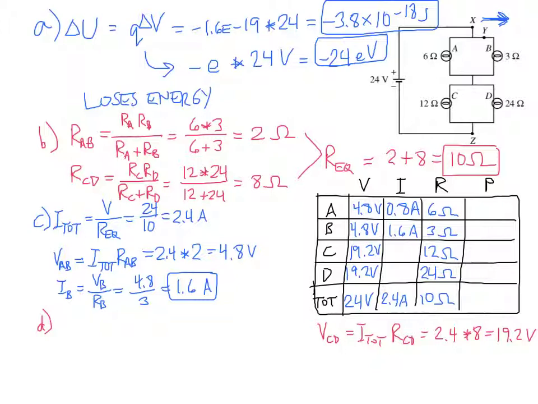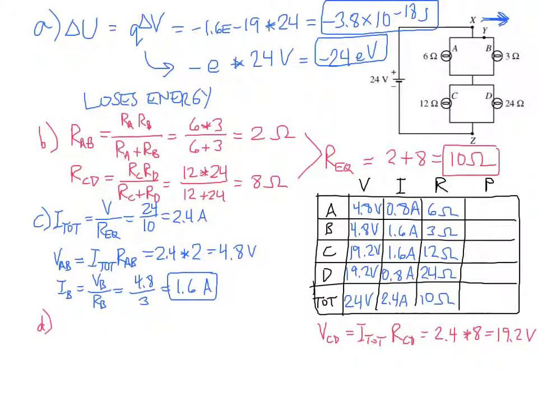So I can put that in the table right there and right there, and then I can easily get the current for those last two bulbs by using Ohm's law. I'm going to end up getting the current through bulb C is 1.6 amps, and through bulb D is 0.8 amps.